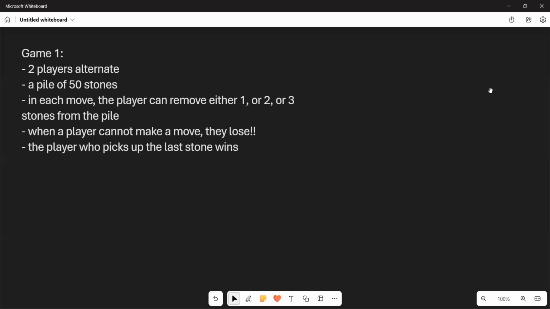It doesn't matter how many stones. Let me finish, and then ask. You only win when you... it doesn't matter how many stones you've removed. That does not matter. What matters is that you remove the last one, so that the other player has nothing to do and they lose.